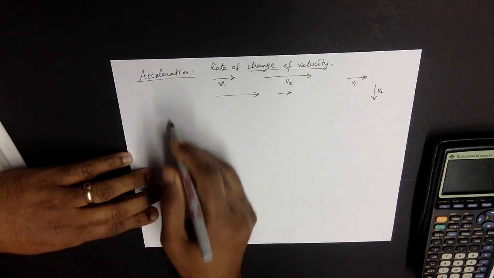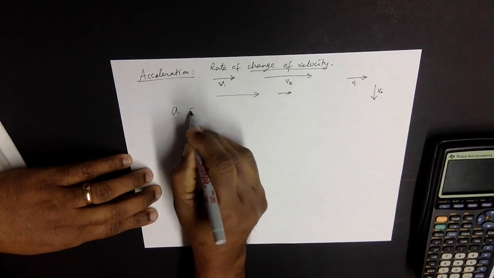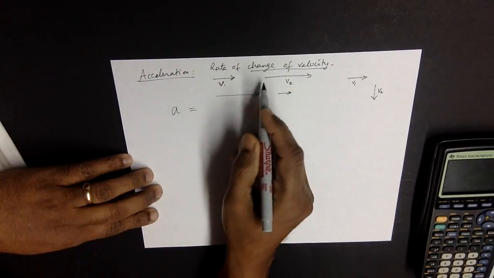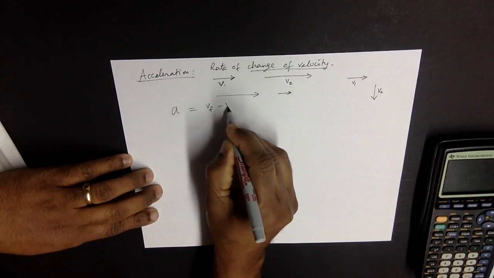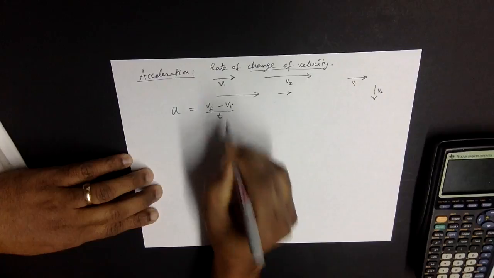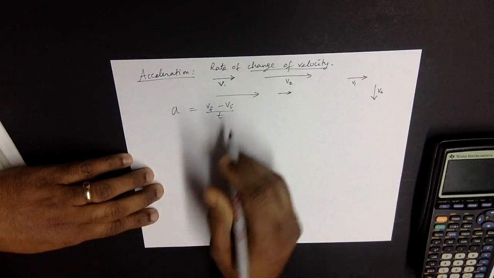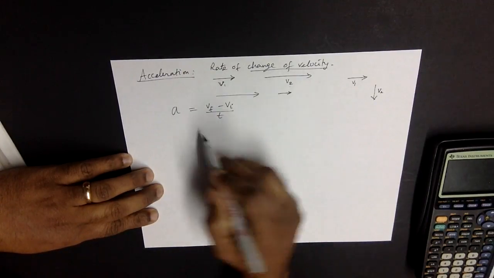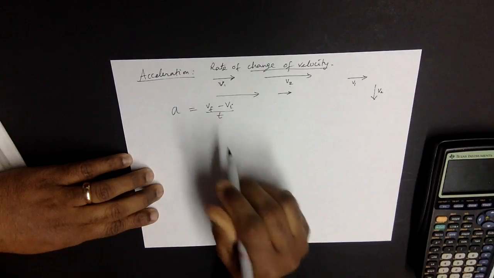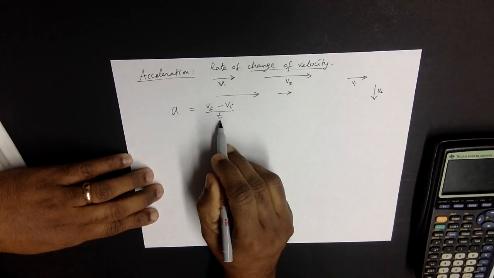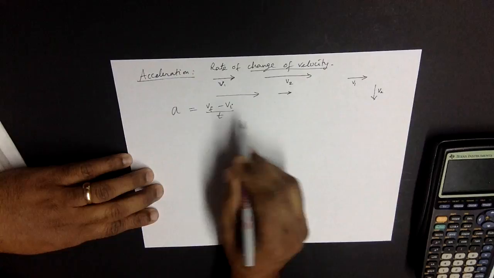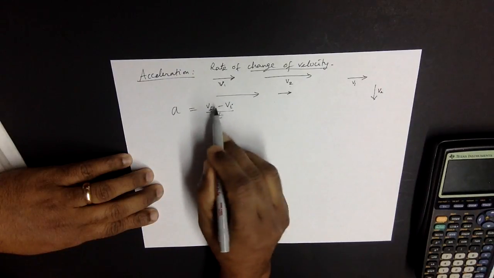And what is acceleration defined as? Acceleration is defined as the final velocity minus the initial velocity over the time. Final velocity, whatever it is, minus initial velocity, whatever it was, divided by the time. Now, what is the unit of velocity?